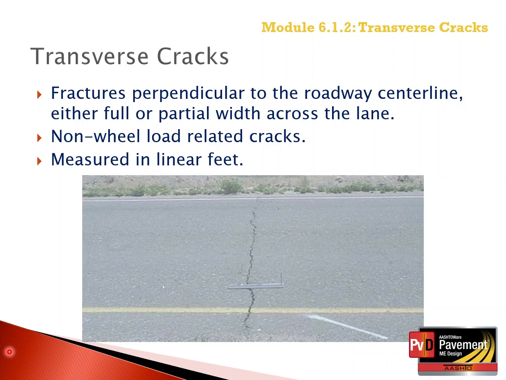Transverse cracks are non-wheel load related cracks that are a result of the combination of climate and the properties of the wearing surface. In other words, they are independent of wheel loads and truck traffic, but heavily dependent on climate and material properties.